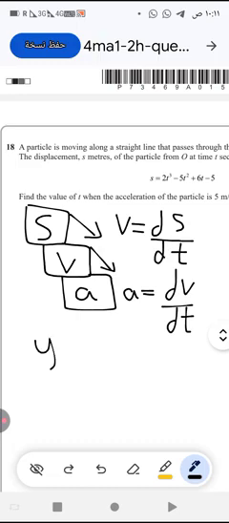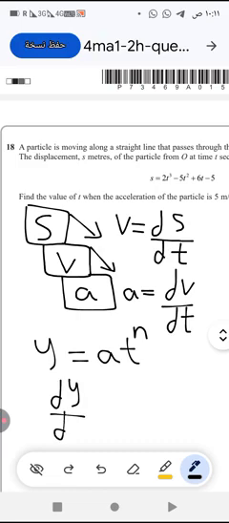If we have y equals a t to the power of n, that means dy over dt equals a times n, the multiplication of the coefficient times the power, a times n.